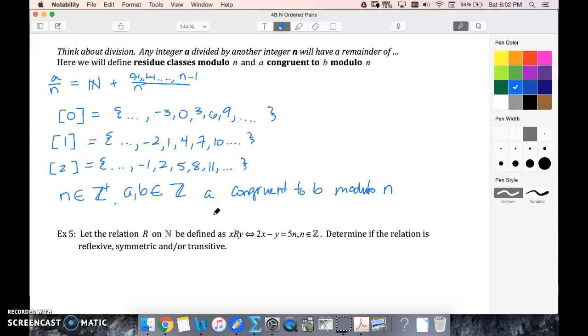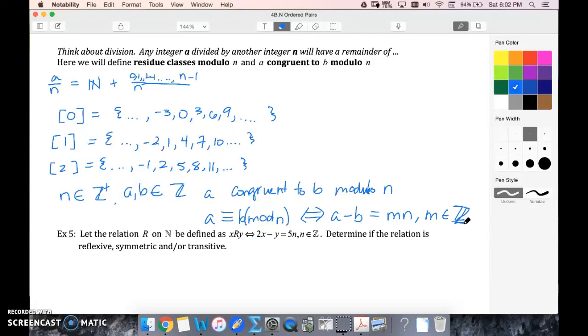Our notation for this is A with three lines, congruent to, which is the same as saying A is equal to B mod n, if and only if A minus B is a multiple of n. So we could say mn, where m would also be an integer.